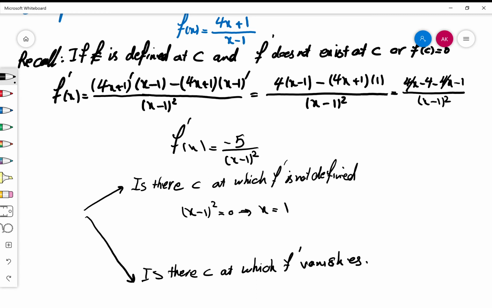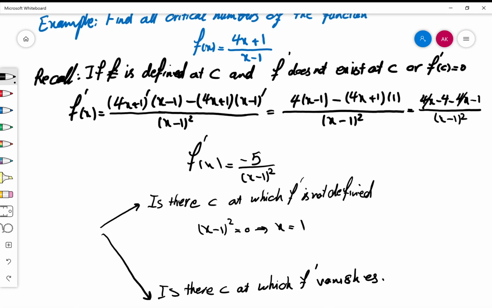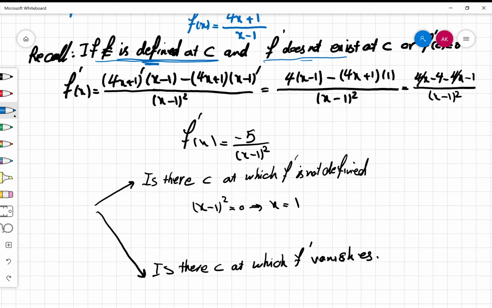Wait a minute. You have to be very careful. You have to first make sure that f itself is defined at c. Then look for a point at which f prime is not defined.